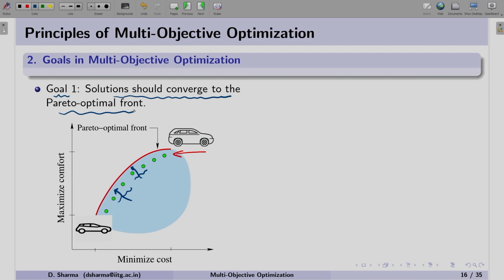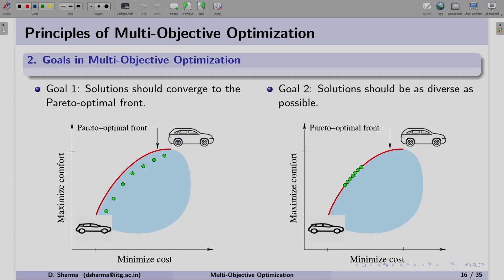That is the first objective, and we can say the primary objective, that when we are solving a multi-objective optimization problem, our technique should give us solutions that are converged to the Pareto optimal front. What could be the second objective? Suppose we get one algorithm that has converged to the Pareto front.